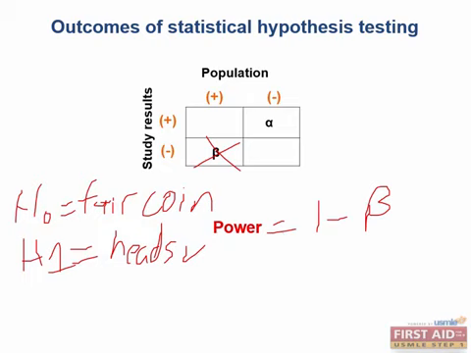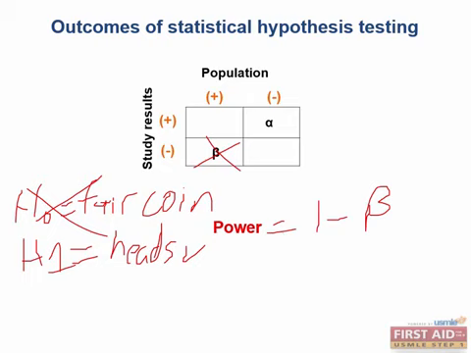Even so, you don't have enough statistical significance to reject your null hypothesis because the power of your experiment is too low. However, if instead you flip the coin 1,000 times and get 600 heads and 400 tails, now you have enough power to reject the null hypothesis and conclude that this coin actually does favor heads. It's not a fair coin.